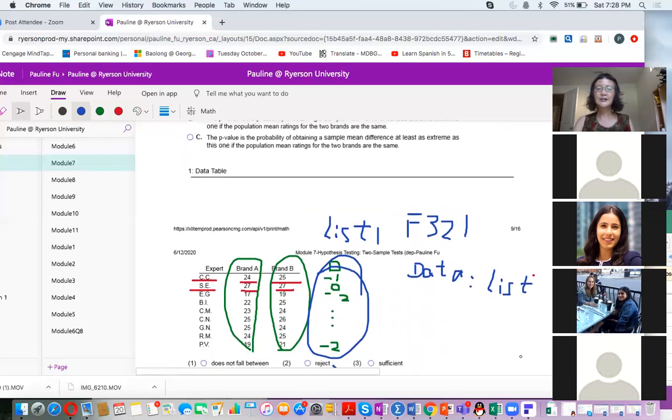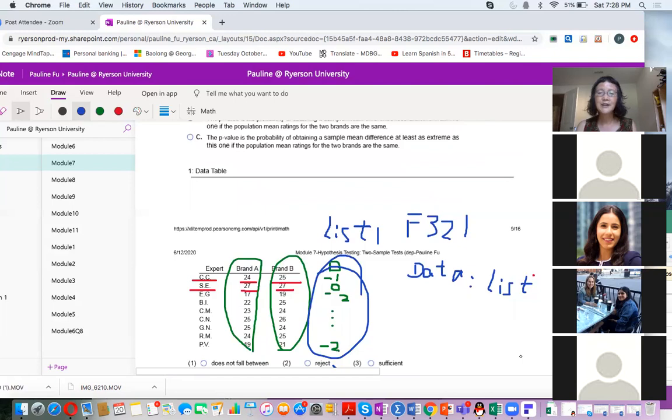Once you get a test statistic, you compare the test statistic with a critical value. And how do you get the critical value? F5, F2, F3. You get the critical value for T. And then you can use the critical value method.